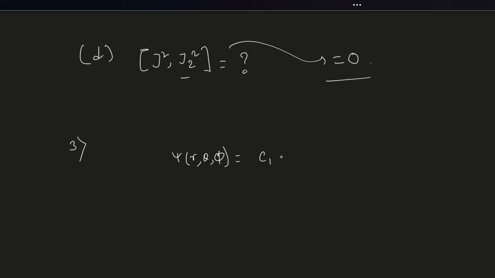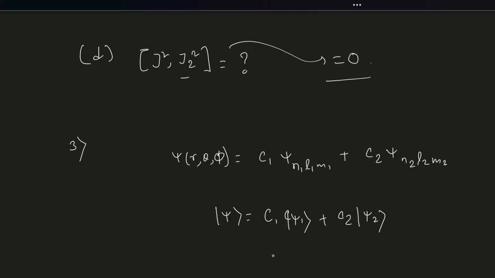So this is c1 psi 1 plus c2 psi 2. Now we can simplify the relation by writing psi ket equal to c1 psi 1 ket plus c2 psi 2 ket.